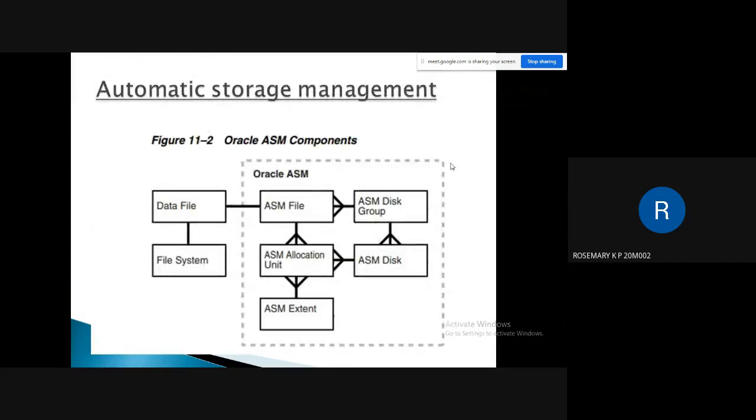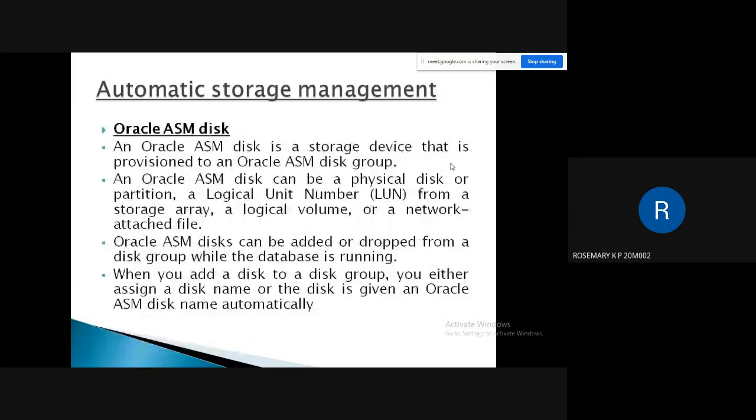Then the Oracle ASM components: ASM file, ASM allocation unit, ASM extent, ASM disk group, ASM disk. These are the components in the ASM. First is Oracle ASM disk. An Oracle ASM disk is a storage device that is provisioned to an Oracle ASM disk group.